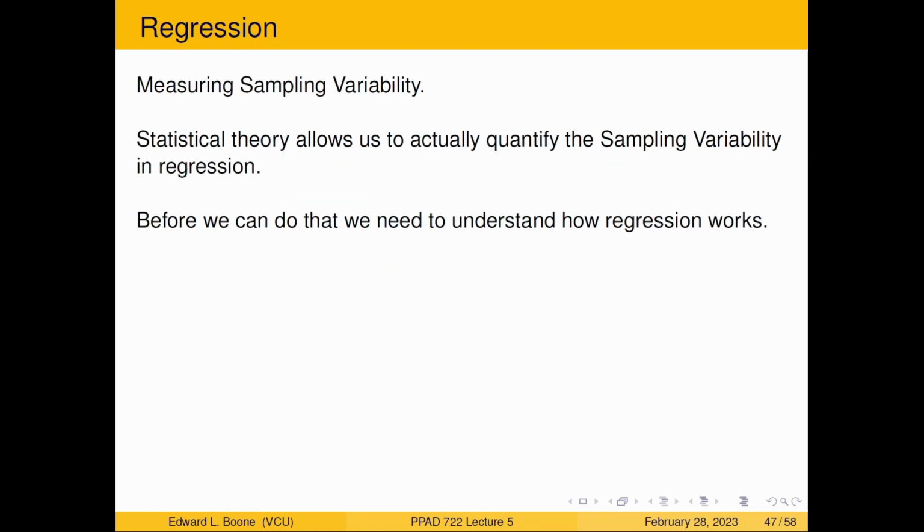So we need to start thinking about how regression actually works before we can do anything with this. And I'm going to show you some equations, and in some of the videos I'll actually go over using the equations. Today I'm not going to. I'm just going to show you them to show you that, look, somebody's worked this math out already, and we can utilize it for our analyses.